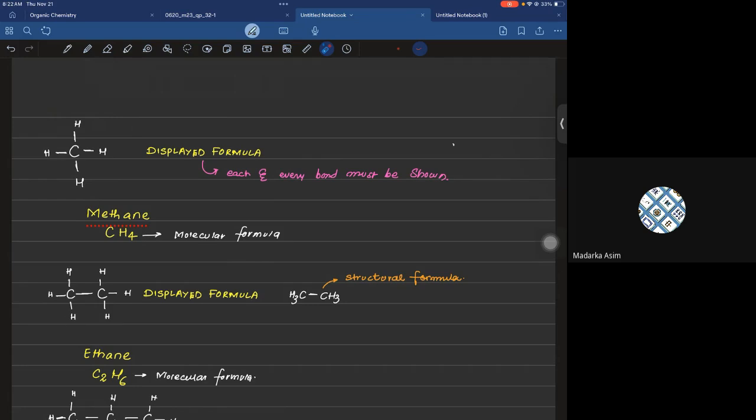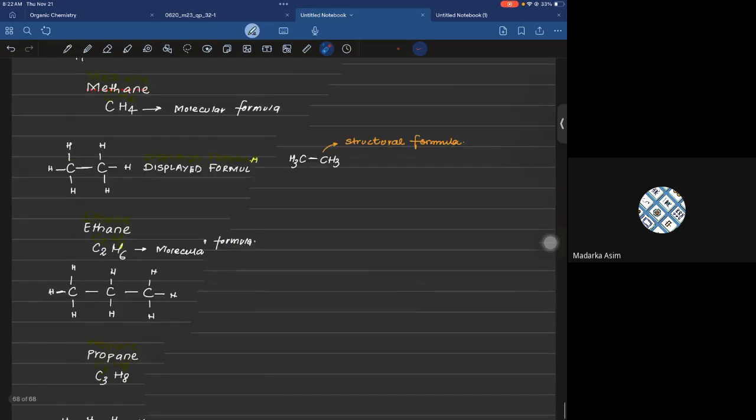Okay, so you must know the representation of different organic compounds, like in how many ways we are going to represent different hydrocarbons. We can write down molecular formula, structural formula, even displayed formula.